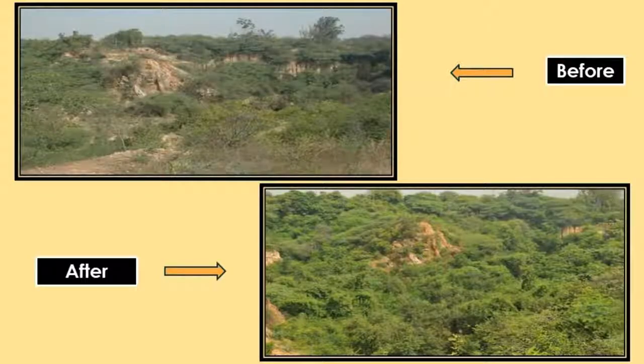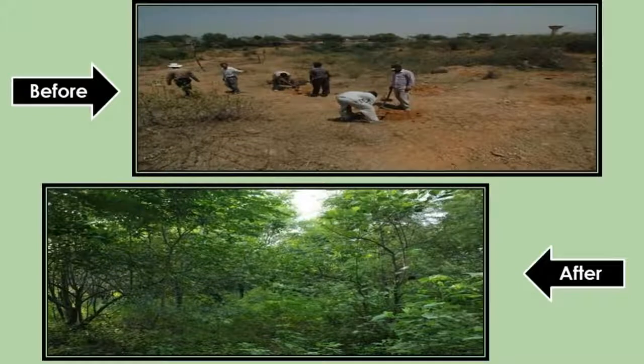Then at the landscape level, we made a predictions model of what should come where, but we did not go beyond the local vegetation. We selected the local plant communities, surveyed the entire area of the Aravallis, and worked out how many species should be introduced in how many communities or landscape levels.